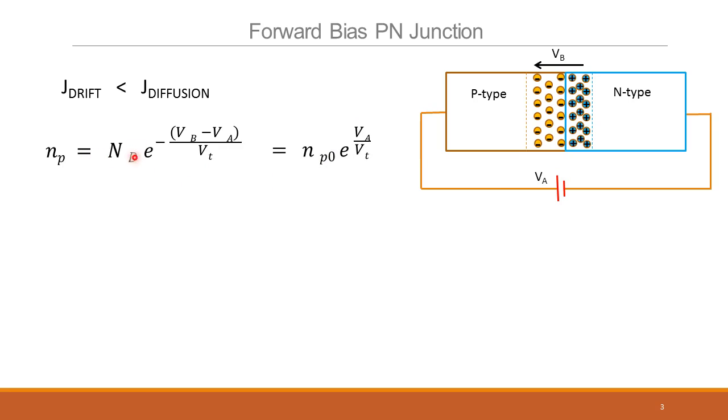All we did is take Nd e power minus Vb by Vt out, and then e power Va by Vt remains, since minus times minus gives plus. Nd e power minus Vb by Vt is nothing but Npo from the previous expression. So Np at any given potential Va is Npo, which is at zero bias, times e power Va by Vt. This is at the junction here.